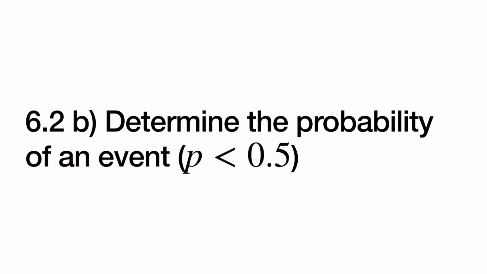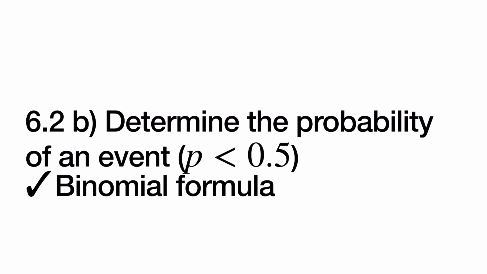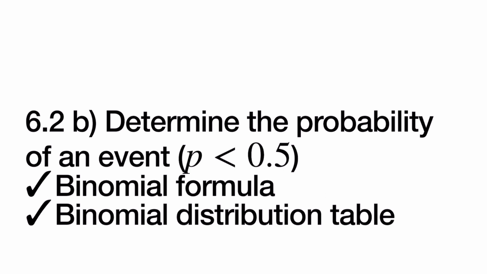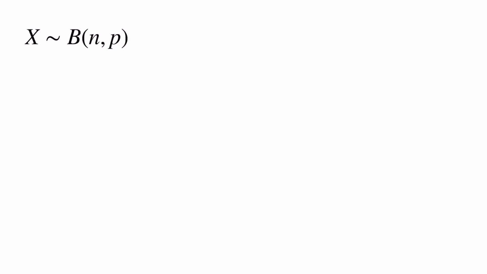6.2b, determine the probability of an event where P is less than 0.5. There are two ways to determine the probability: by using the binomial formula and the binomial distribution table. Let's go to the binomial formula first.